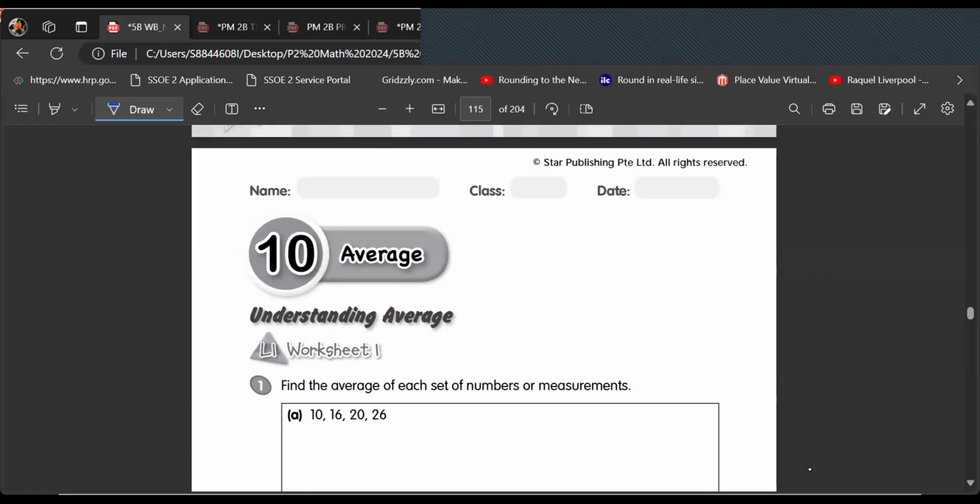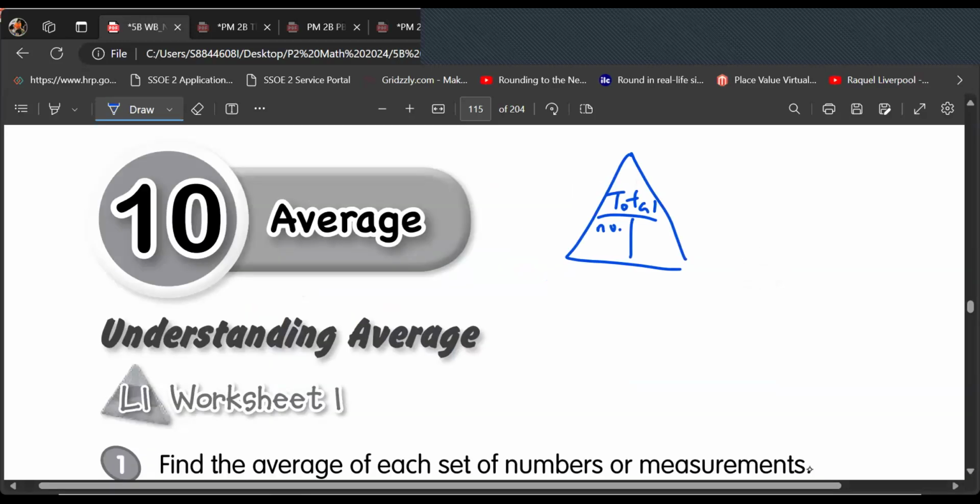So I have total, number of data, and average. It's like a part-whole number bond relationship, where you have the times here and then it's divided on these two ends.